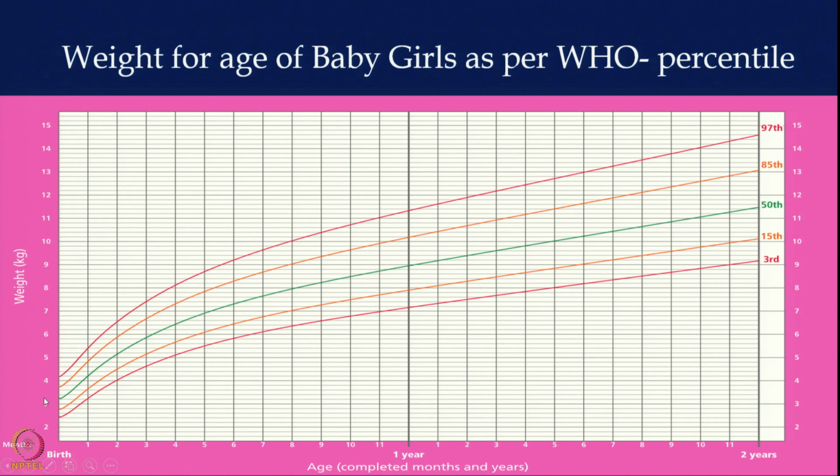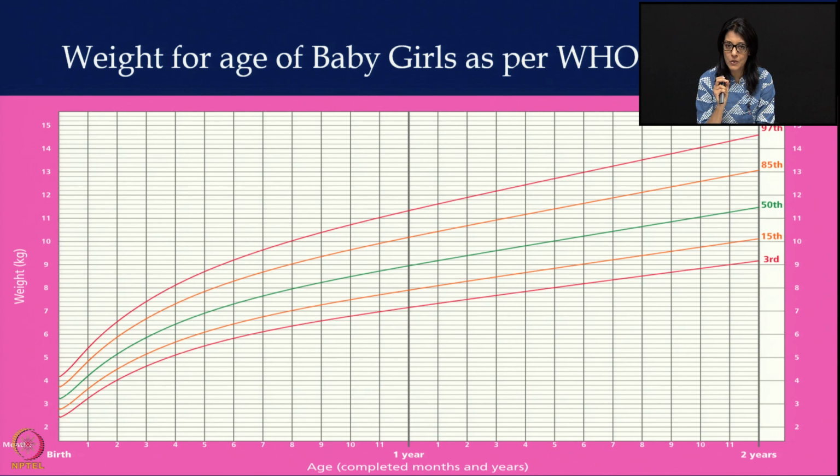I will quickly brush through it because I want you to understand these charts very clearly, so that when you are in the field plotting these children on the growth chart, you know how children grow. Unfortunately in India our children are not growing well, and this is the reason I want to personally take this session and explain how children grow as per the WHO growth chart.